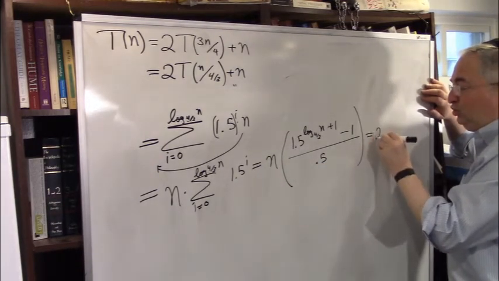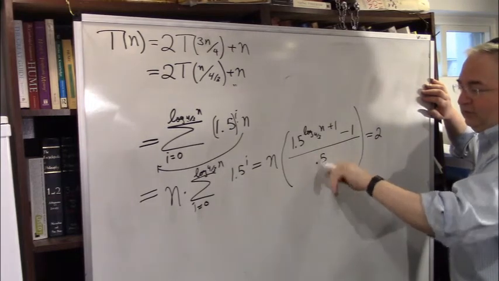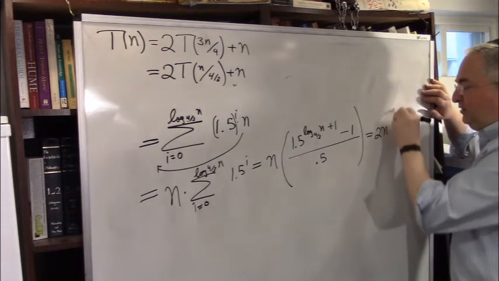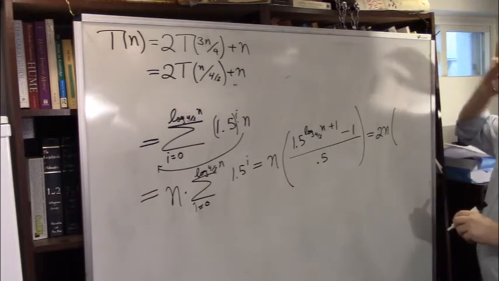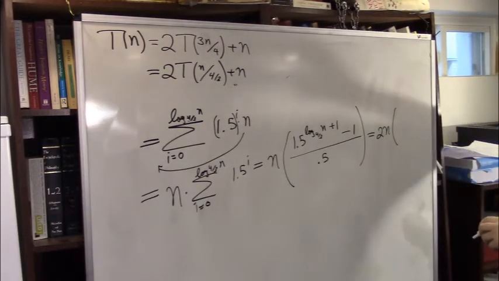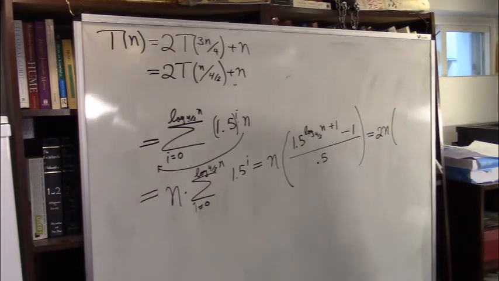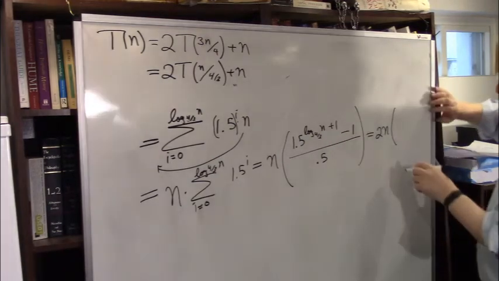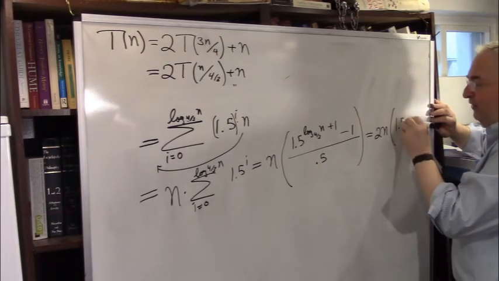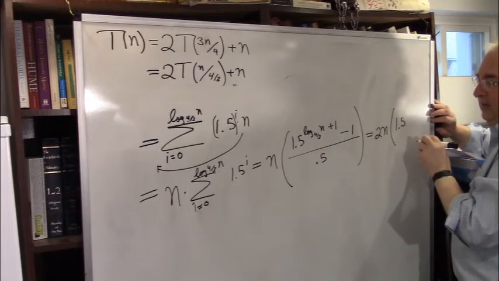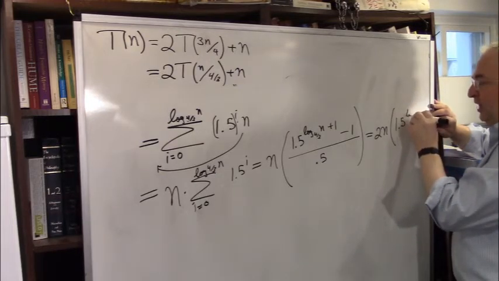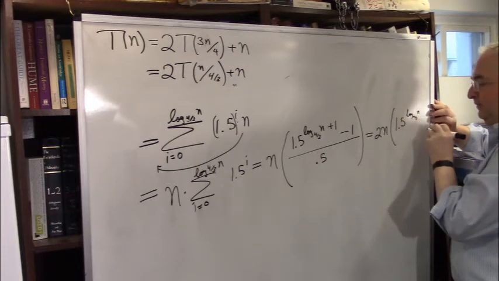So this becomes 2, this is a half. So you put the 2. So this is 2n times what? Okay, let's write it. This is 1.5 times log base 4 over 3 of n.